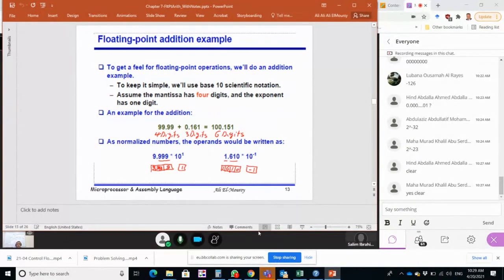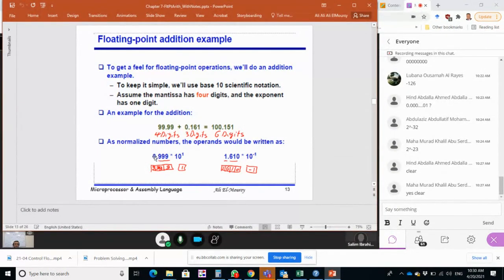I have the following 2 numbers, 99.99 and the number 0.161. Assume that I wanted to store these numbers. How can I store them? Without going into too much hassle for the biasing, forget about the biasing.